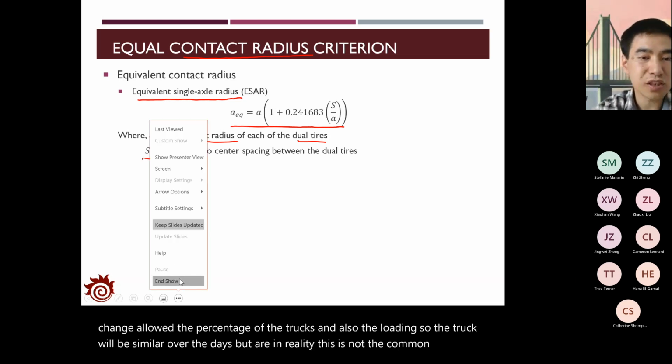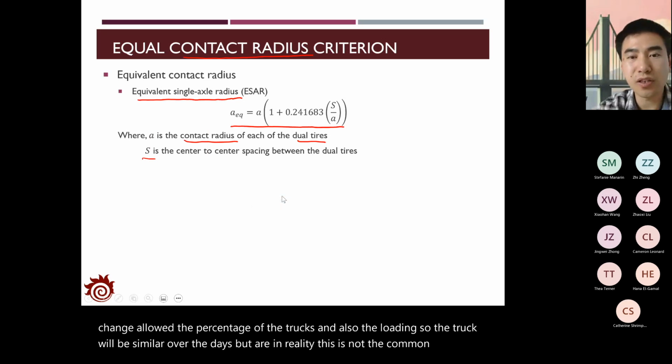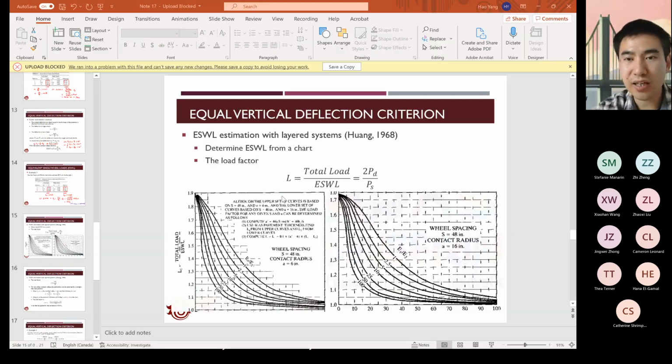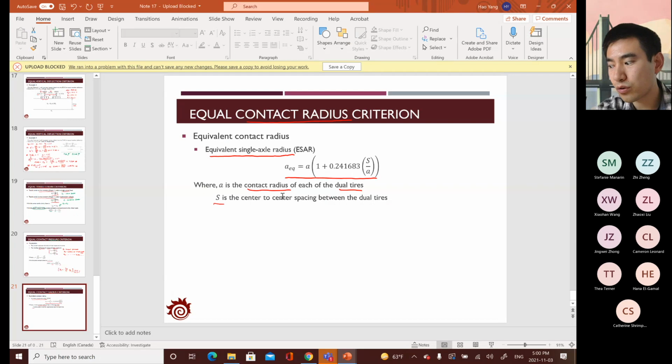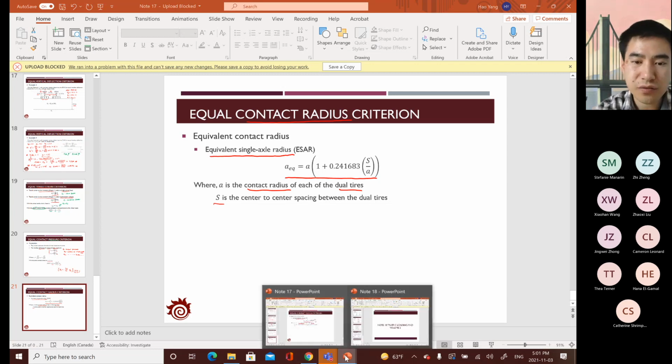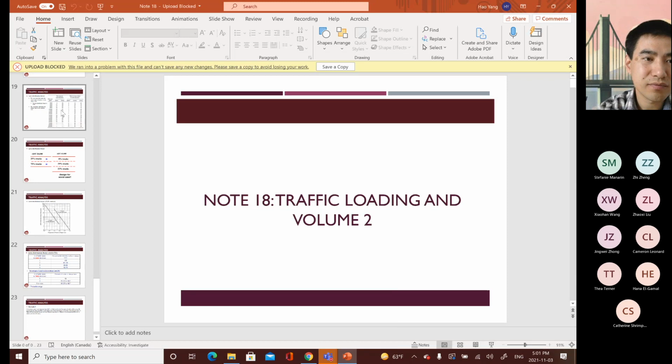In reality, we usually need to think about the varying traffic volumes over the day, uneven distribution of the truck load, and different portions of different types of truck traffic on the road. With that, we have to think about how to estimate the traffic load with the fixed vehicle method. This will go to the next lecture.